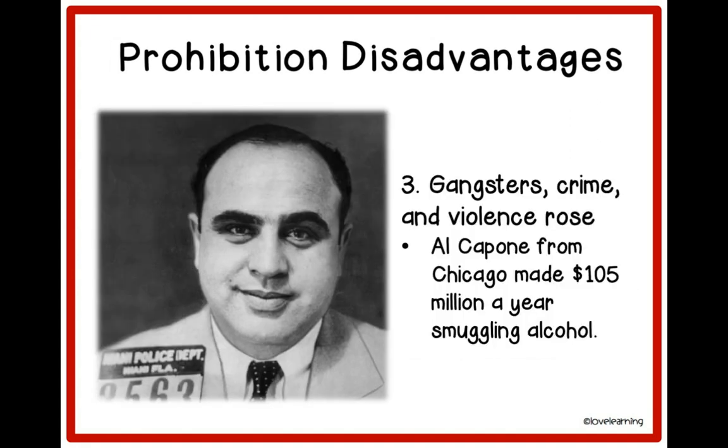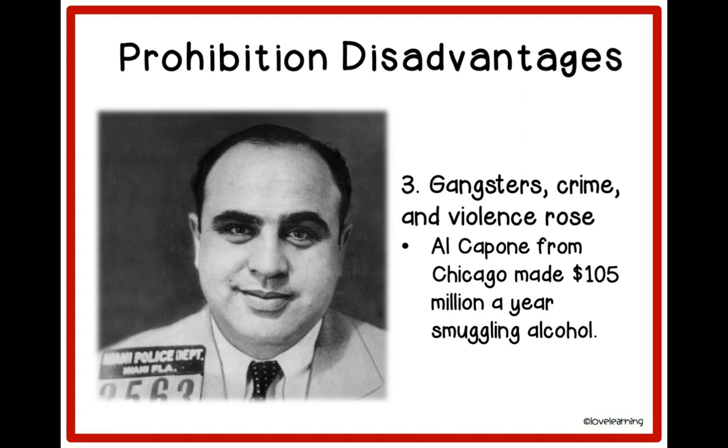And then finally, the third disadvantage was that gangsters, crime, and violence rose. Remember, we thought it was a great idea to pass this constitutional amendment to ban the manufacturing, sale, and transportation of alcohol. Crime drastically rose after prohibition began.